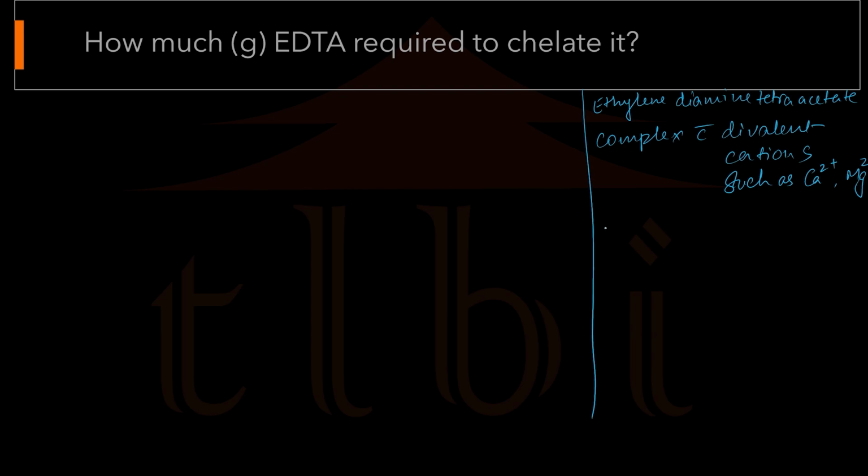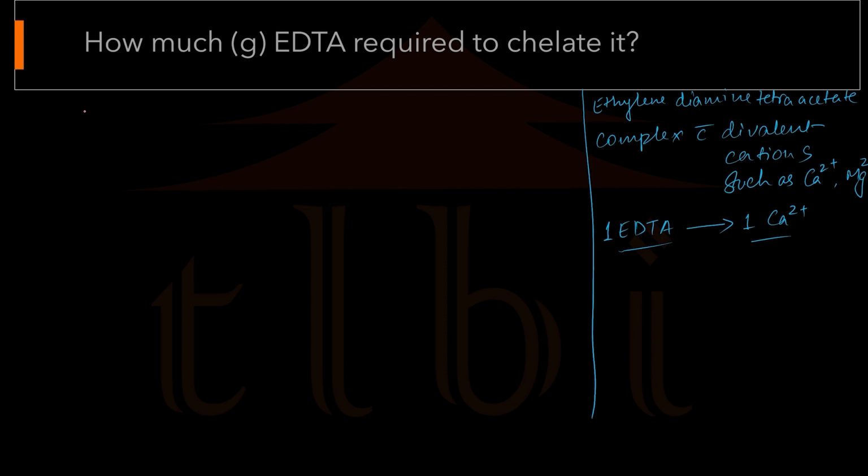And suppose you have one EDTA molecule, it will bind with one calcium atom or ion in this case. All right. So coming back to solving our question, how much EDTA is required to chelate it?